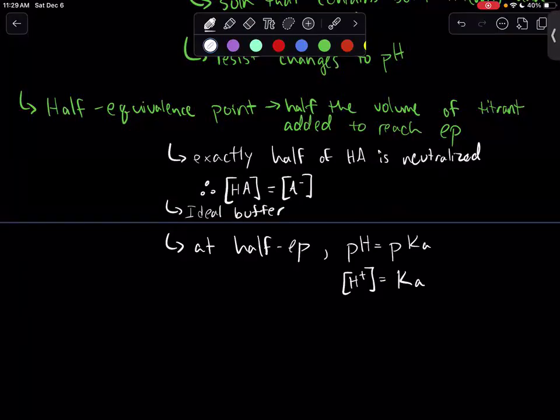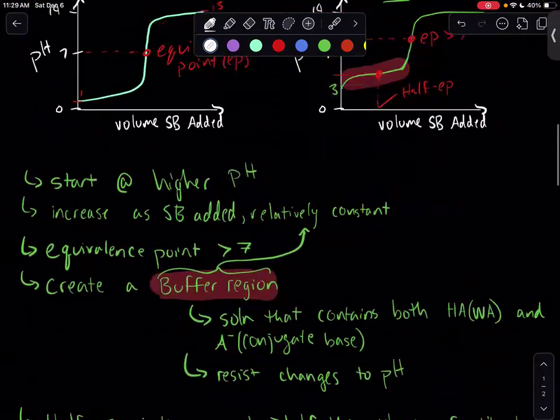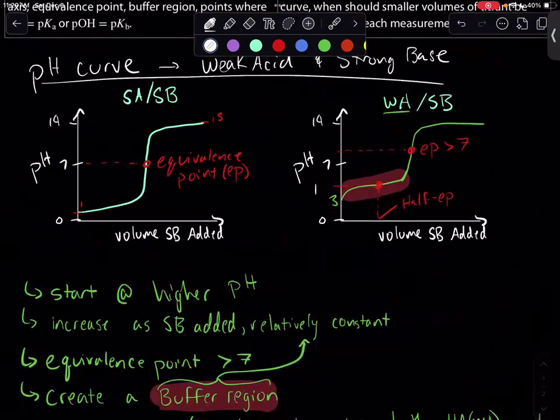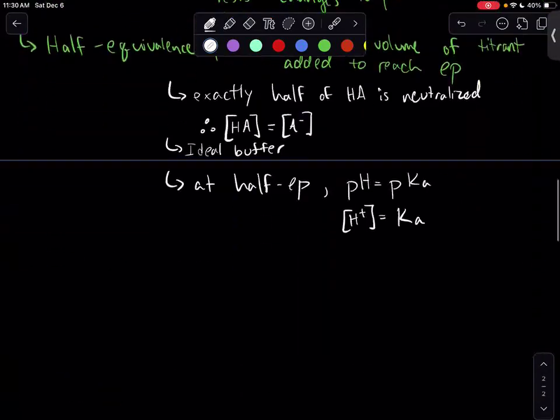So these can all be determined at the half equivalence point. So I'll go back up to our graph, and this is the pKa value as well as the pH value. So that is what it means to be at half equivalence point, and this is what we expect in a pH curve for a weak acid and strong base.